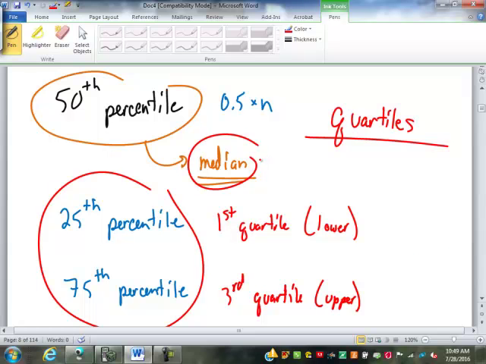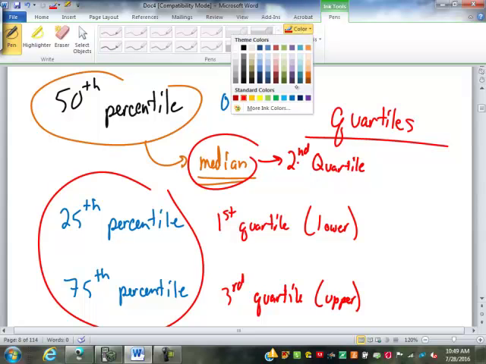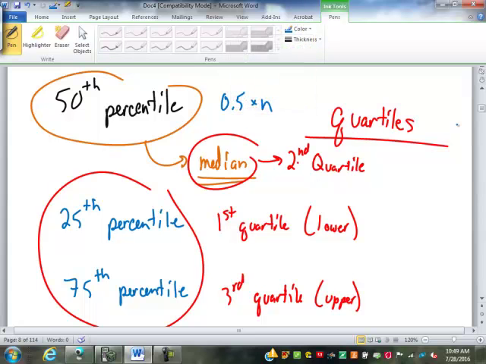And of course, the median is called the second quartile, or sometimes just called the median. These numbers are significant because they divide the data, like I said, into 4 pieces. Now, the size of those pieces is not necessarily the same, but the number of data points in each of those pieces will be the same.